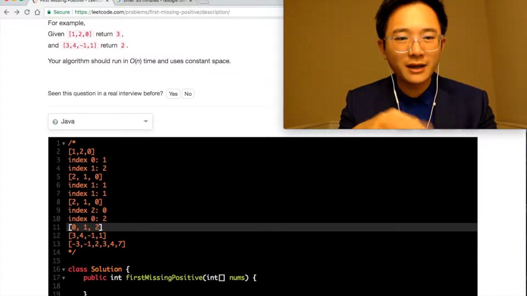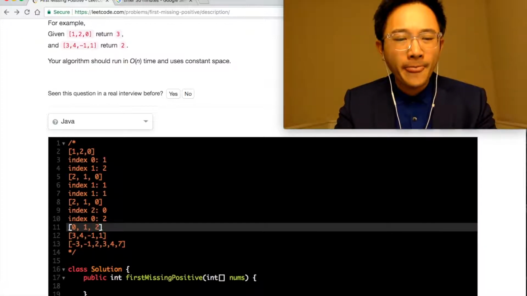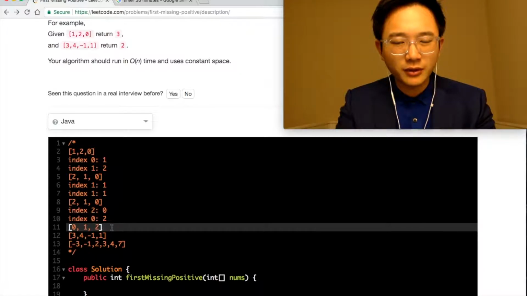So this is what we call bucket sort. Nothing is missing in between these 3 numbers, so we'll just return 3.